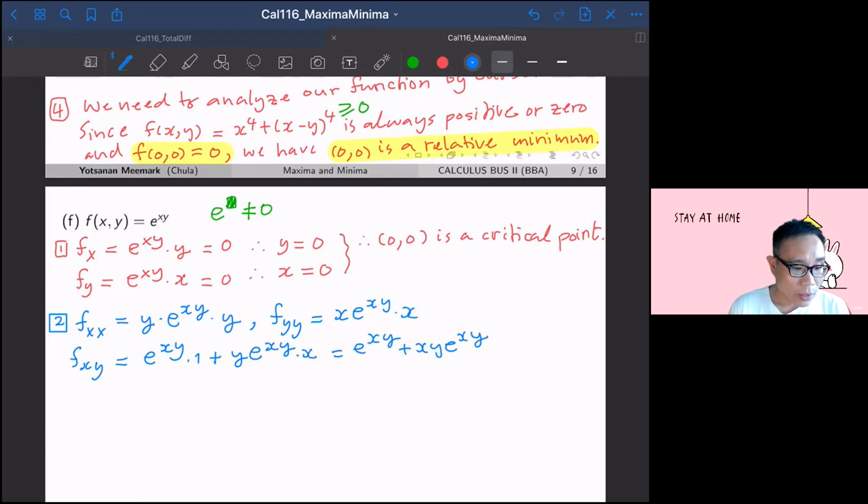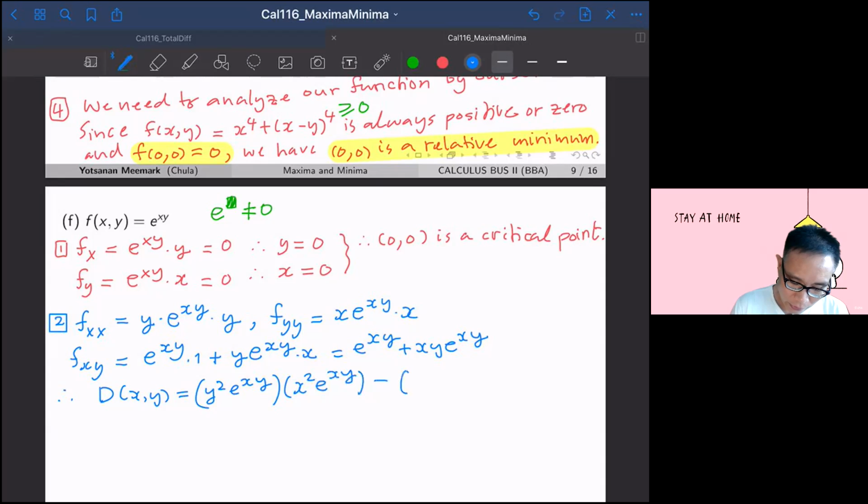Then you compute D in this case. It is the product: y squared e to the xy multiplied by x squared e to the xy, minus (e to the xy plus xy e to the xy) squared.